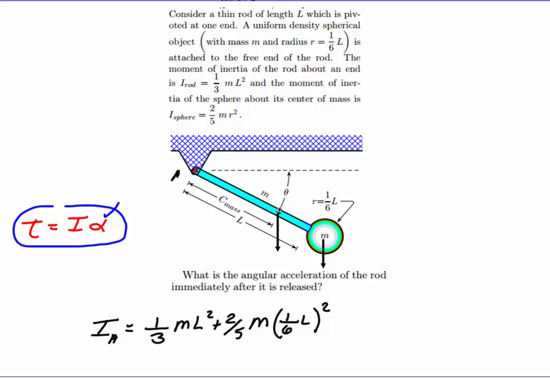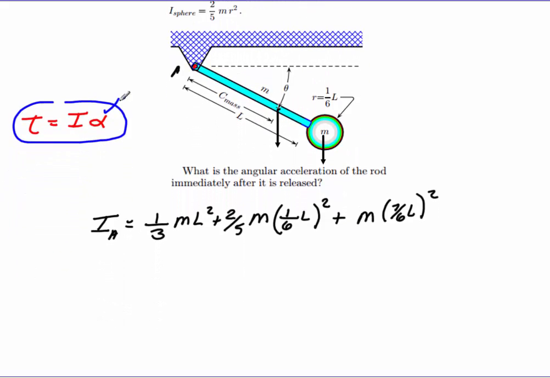That's going to give me plus the mass of this object times the distance, which is going to be 7/6 times L, squared. And the reason I got 7/6 from here to here would be 1 L, and then I add another 1/6. So 6/6 L plus 1/6 gives me this value right here.